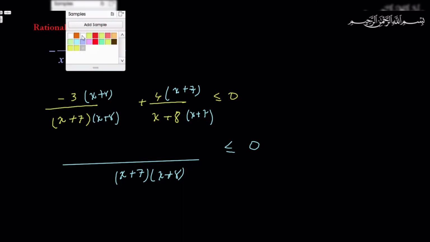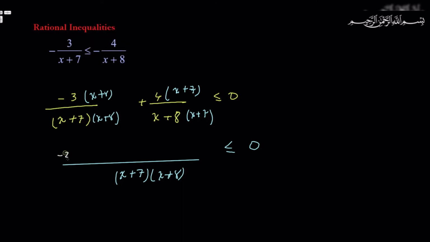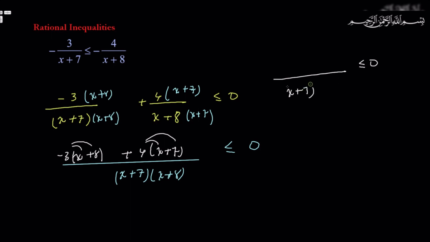Then I'm going to rewrite this here. I have -3 times the quantity x plus 8, and I have plus 4 times the quantity x plus 7. Now you can distribute these, and then combine like terms, and what you will have is the denominator x plus 7 and x plus 8, right?